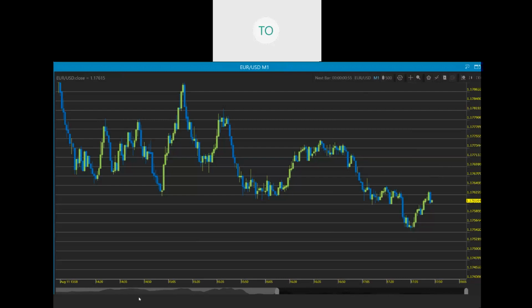Okay. All right. So when somebody says they want to look at the market structure, what do they mean? It means that you want to have a bigger picture of the market and essentially where it's coming from, where it is, and basically where you think it's going.